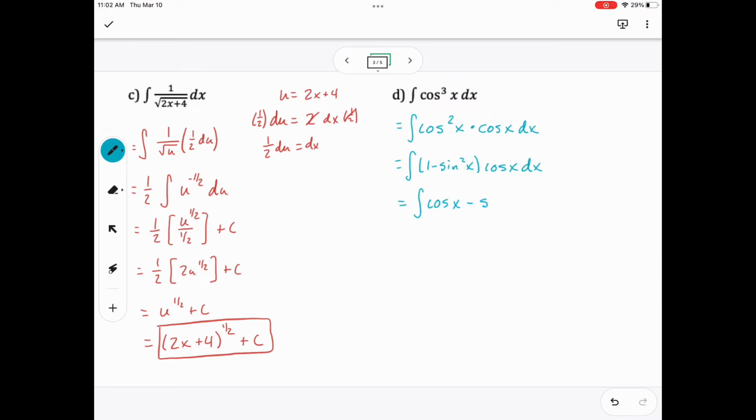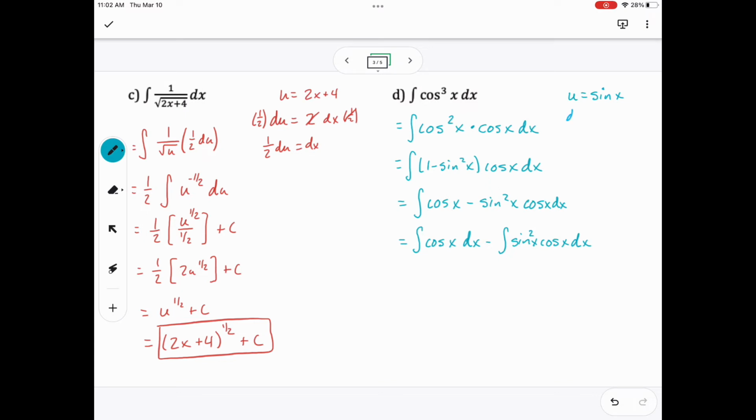So we rewrite it as x cosine squared x times cosine of x. Then we can insert our Pythagorean identity of 1 minus sine squared, distribute, and then separate it into two integrals, because I know the integral of cosine x dx will just be sine of x. So I can simplify that without too much problem.